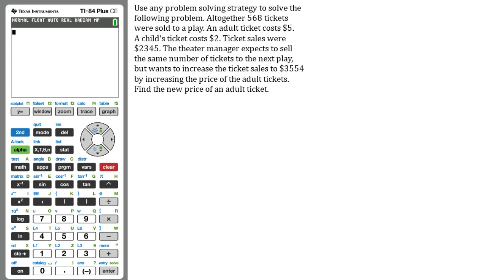We're going to let A equal the number of adult tickets, and then we're going to let C equal the number of children's tickets.